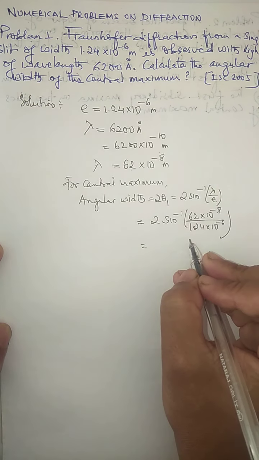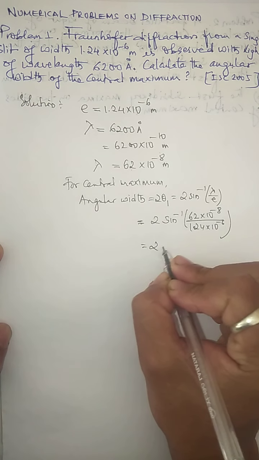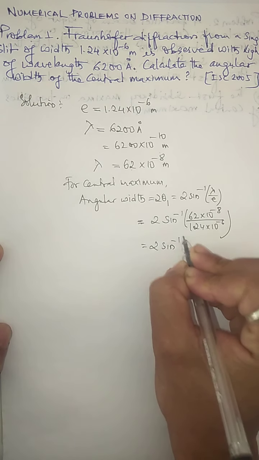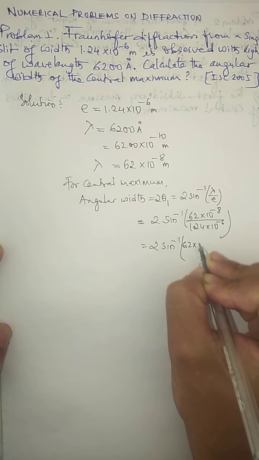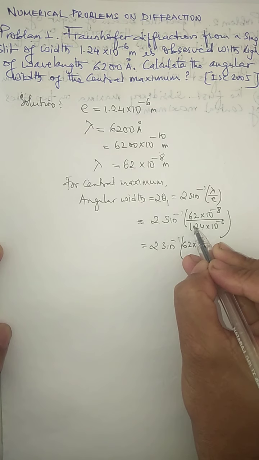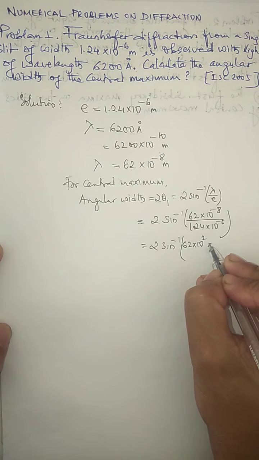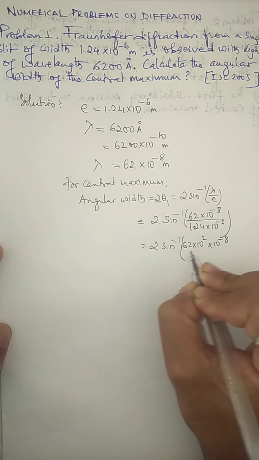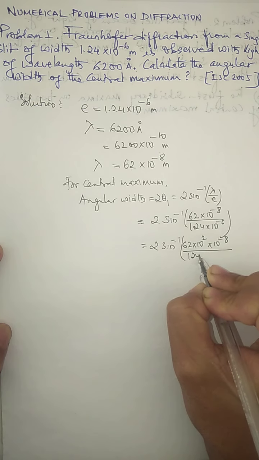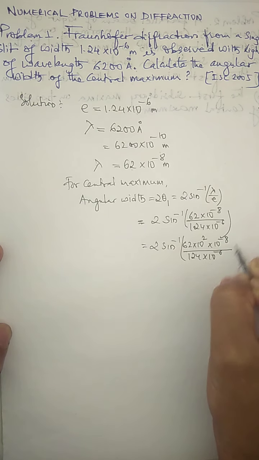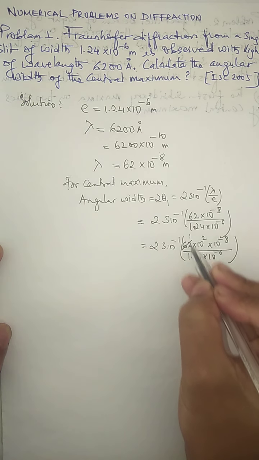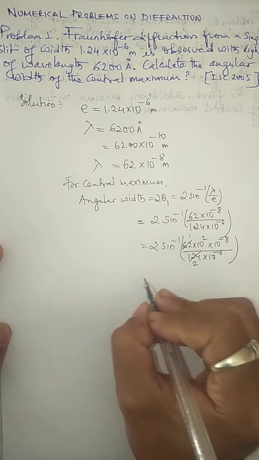We can remove the decimal: 62 × 10^2 × 10^-8 by 124 × 10^-6, since 62 × 2 is 124.